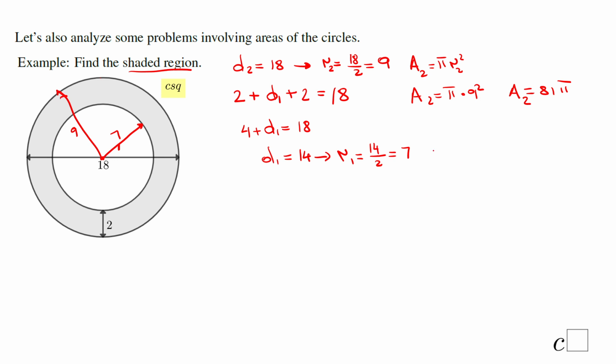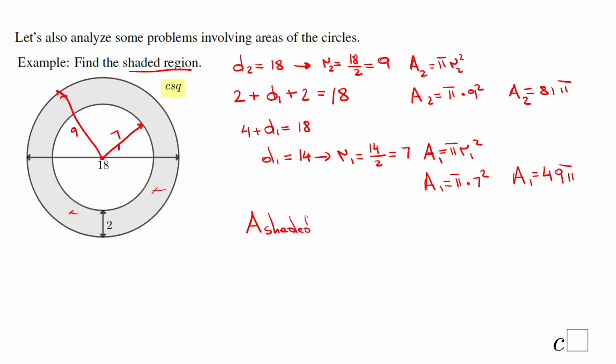I'm going to do very similar here. I'm going to find the area of the small circle for now. A1 equals pi r sub 1 squared, and in our case this one will be pi times 7 squared, and that will be 49 pi.